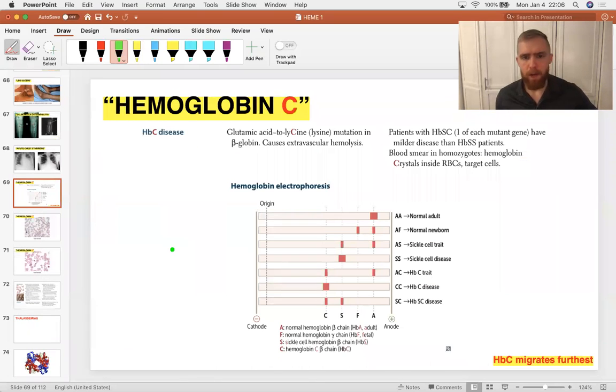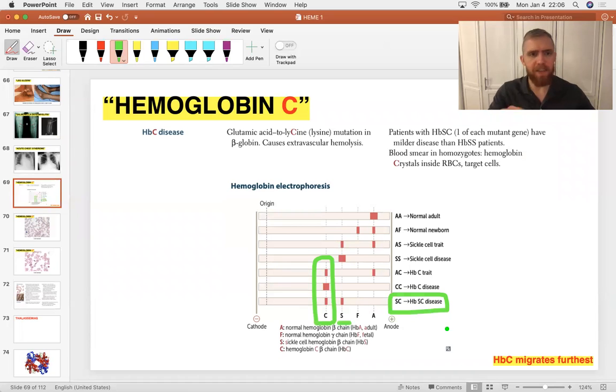While we're on the topic, hemoglobin C has a distinct band on electrophoresis. It's not the same band as hemoglobin S. And you can have one S allele and one C allele at the same time. And that would be called hemoglobin SC disease.